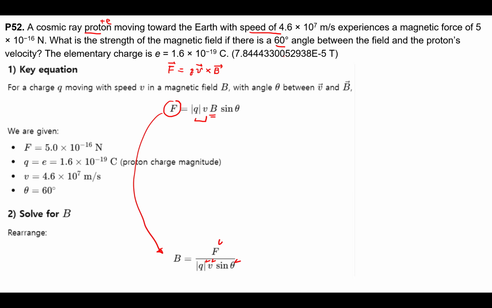Then you can find the numerical value by plugging in the numbers. But you need to keep the units as Newton, Coulomb, and meter per second. It's important. Otherwise, you will get the wrong answer.